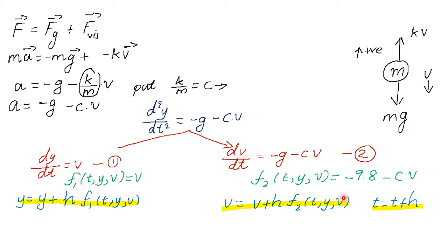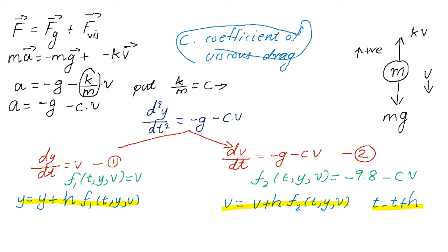And you can call c the coefficient of viscous drag. So this determines how much drag is offered by the medium. Okay, right?